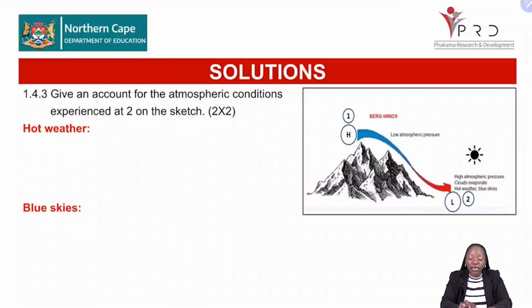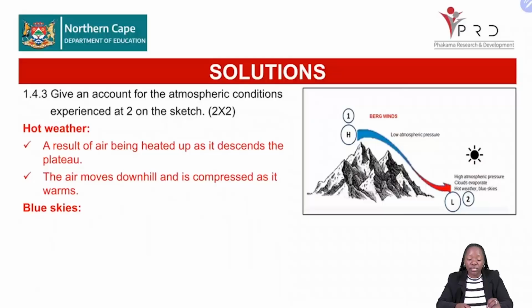So as you are giving an account for the atmospheric condition, you can see that they are using a red color. It's number 2, and there is a low pressure. So therefore, we're going to refer to the hot weather as well as the blue skies.